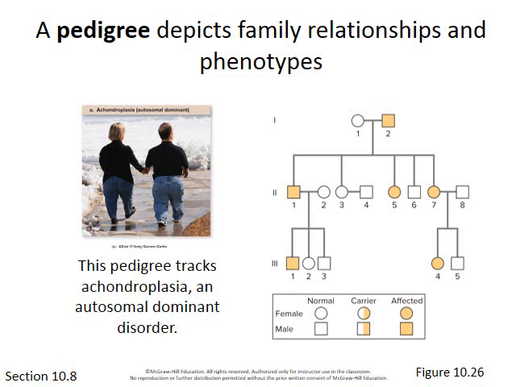So this particular pedigree is tracking achondroplasia, which is an autosomal dominant disorder, creating little people. And so this pedigree, like all pedigrees, the females are denoted by a circle.